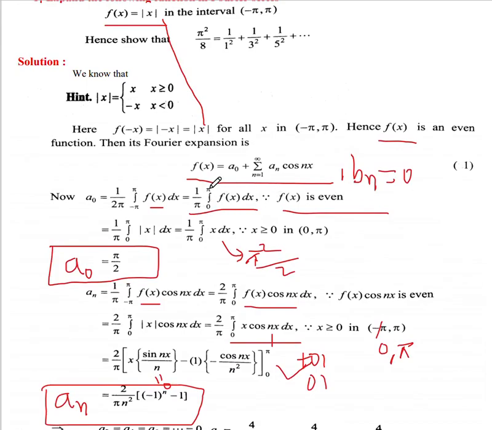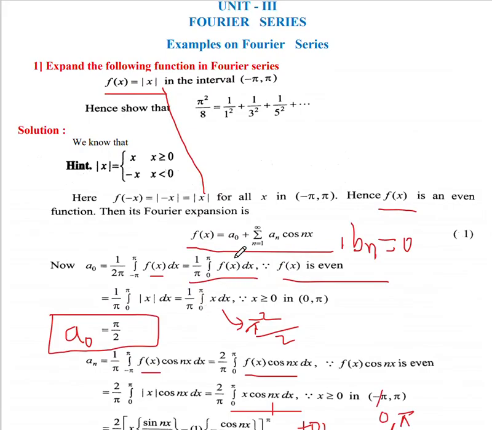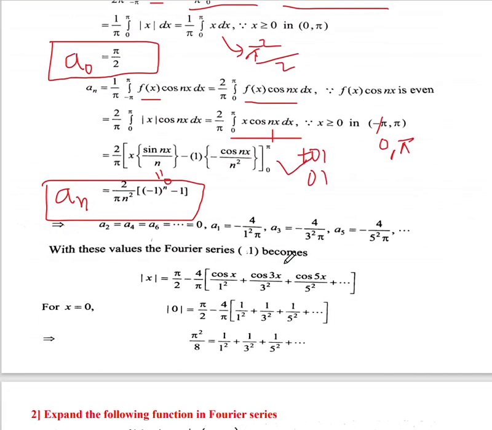Okay, so f of x, the left hand side, is mod x, and a0 is pi by 2 plus n equal to 1 to infinity, means put n equal to 1, so you will get a1 cos x plus a2 cos 2x plus a3 cos 3x plus a4 cos 4x and so on up to n terms. Okay, so here the odd terms will exist and even terms will vanish.